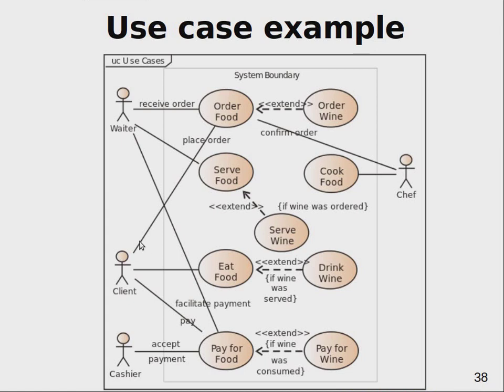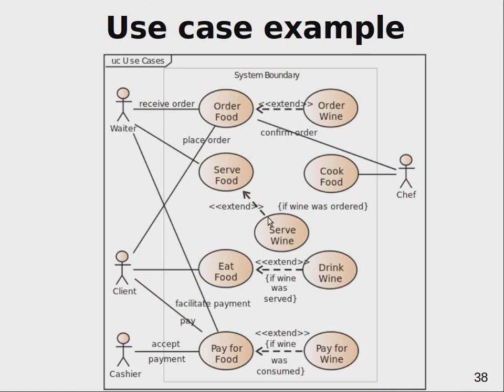And then these lines without any rectangles or whatever show just association, which means the client can order food, eat food, and pay for food in the system. So this system is something like an automated business process for a restaurant. And dashed lines, I didn't mention dashed lines.